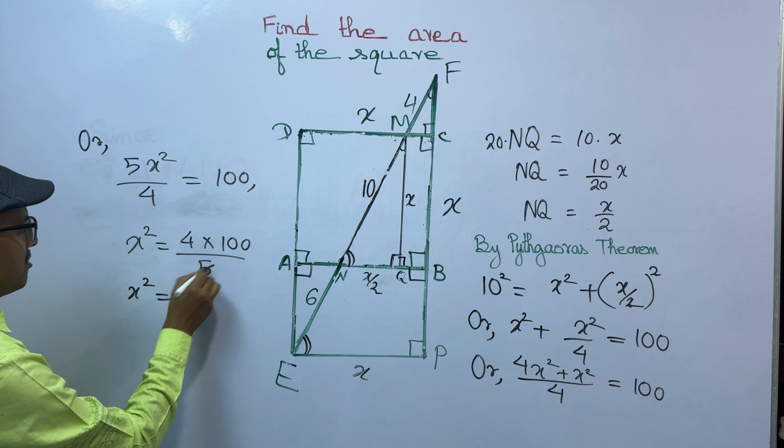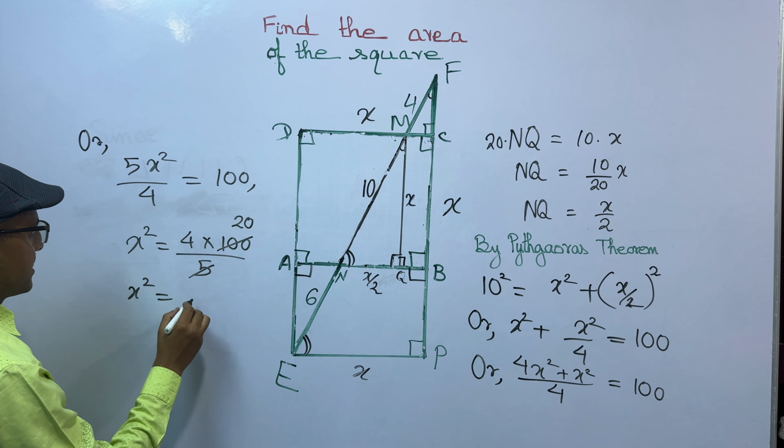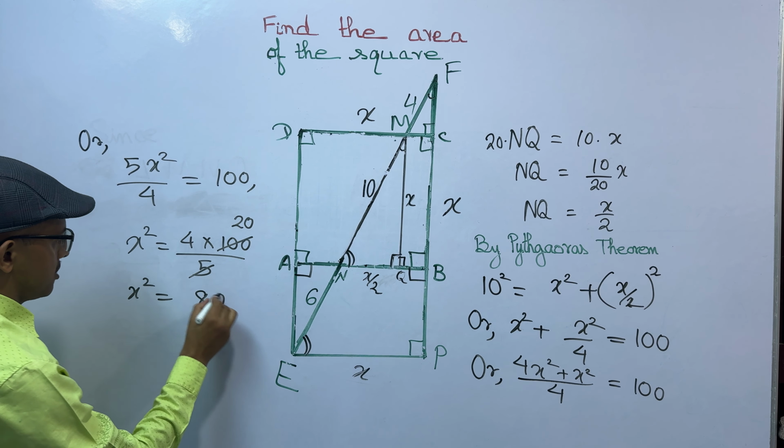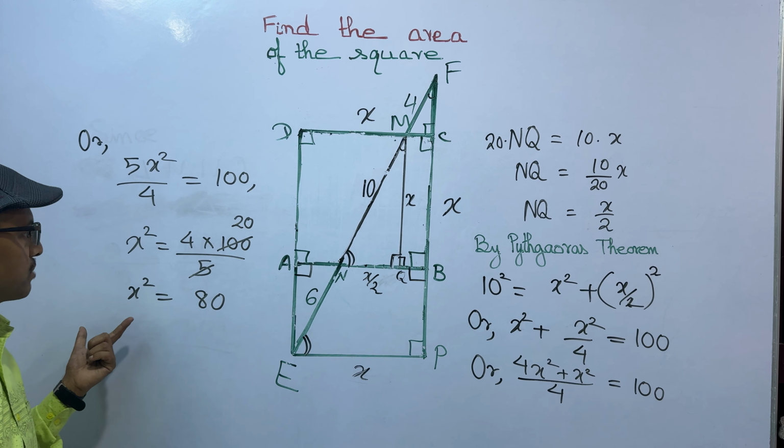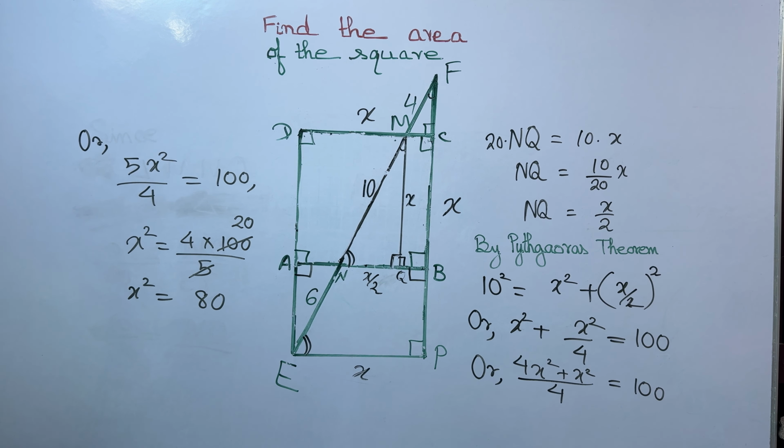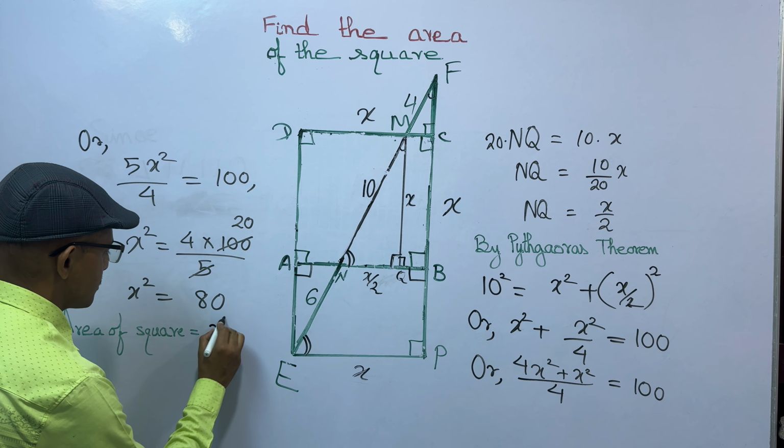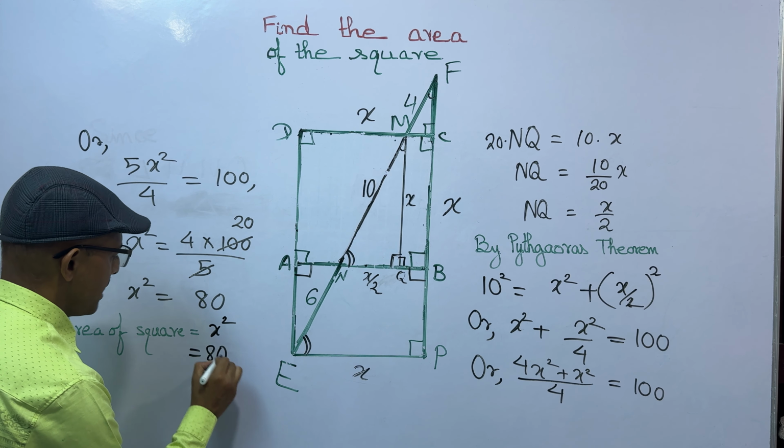We can cancel 5 out and say that x square equal to 80. Now we don't have to solve for x because we just want the area of the square, which is x square. Lastly, area of the square equal to x square unit, that is 80 units.